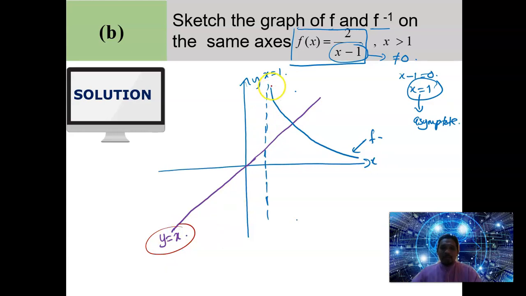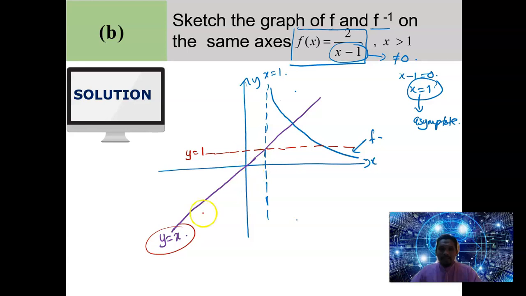So if f(x) has an asymptote at x equal to 1, then the inverse function also has an asymptote, but for the line y equal to 1.